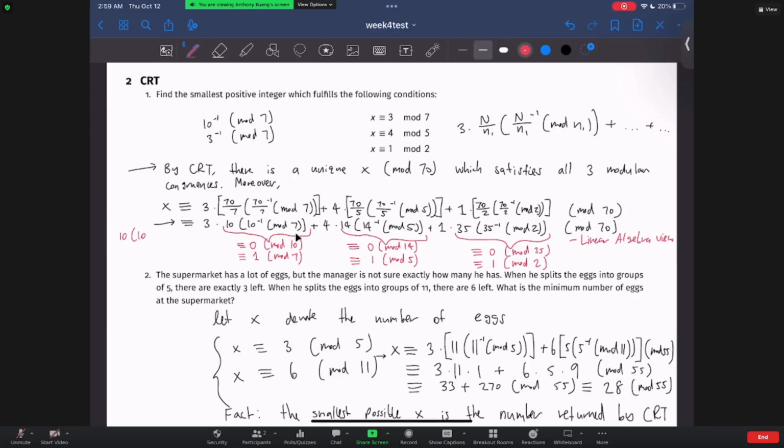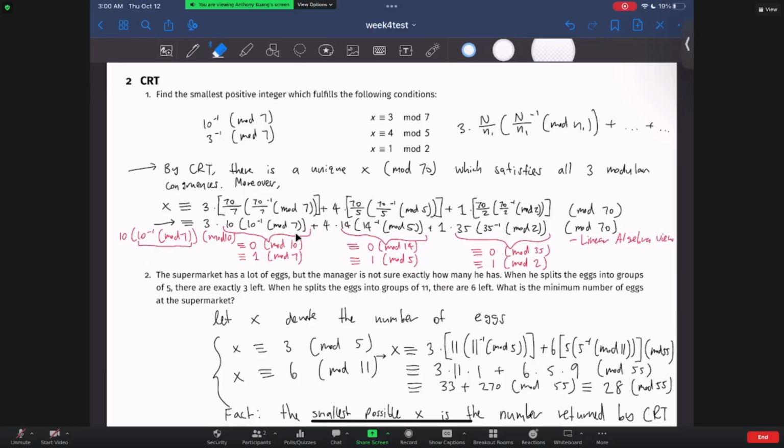So we have 10 times 10 inverse mod 7, and let's say we try to mod it by 10. The number inside here is just an integer. So this number is of the form 10 times k for some integer k. So we end up with this being congruent to 0 mod 10.